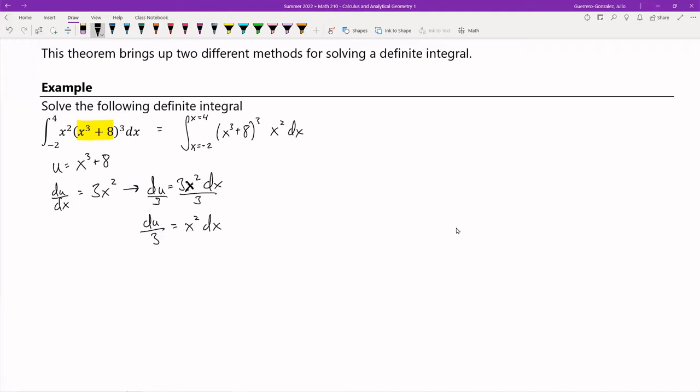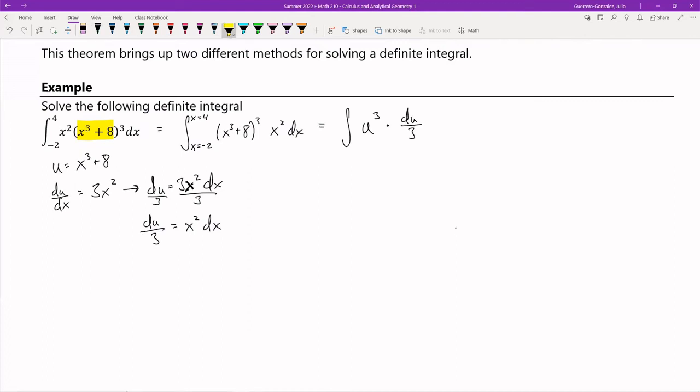This is now going to turn into, and I'm going to drop the limits of integration for now, and I'll explain why, but I wanted to put them there first before I moved on. So this now substitutes to u cubed times du over 3.